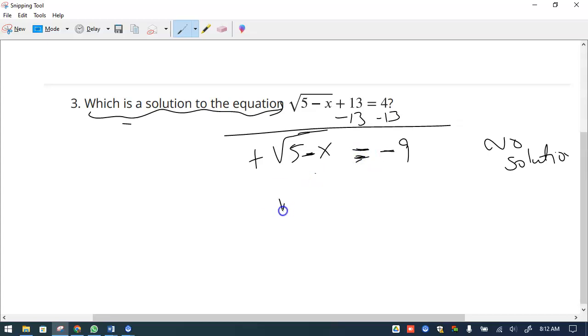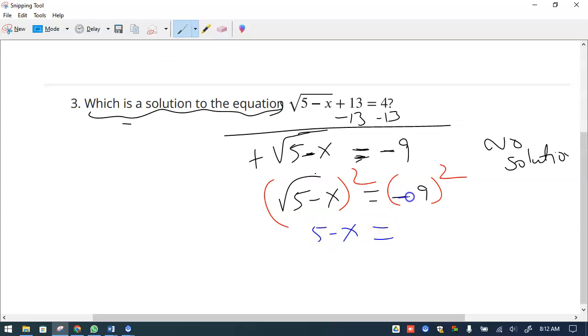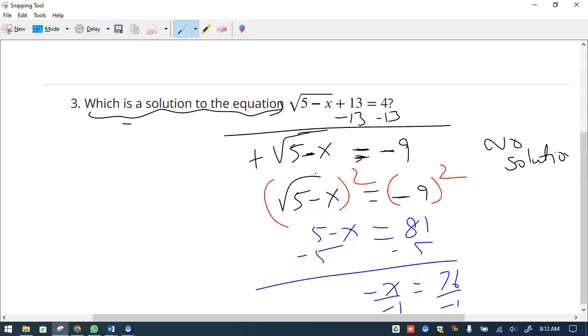So we're squaring both sides. If you square both sides, you end up getting 5 minus x equals negative 9 times negative 9, which is 81. If you subtract 5, you get negative x equals 76, and then dividing by negative 1, you get x equals negative 76.